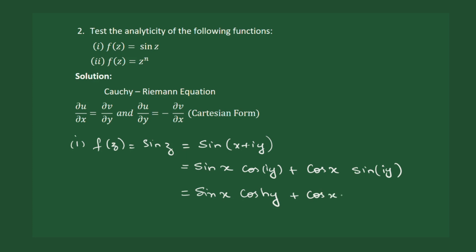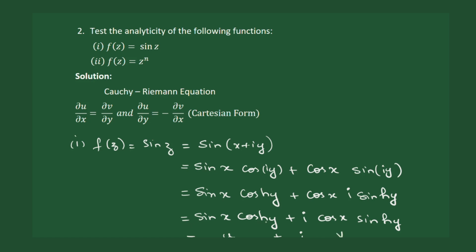Similarly, in case of sine, sine iy can be written as i into sinh y. So since we are having i, we can write it like this: sin x cosh y plus i into cos x sinh y.